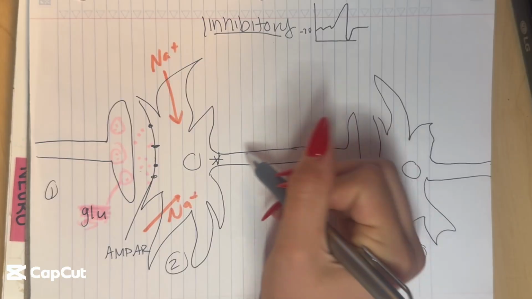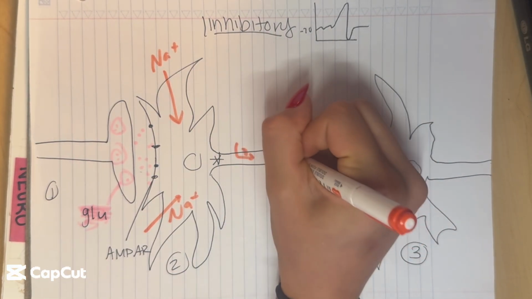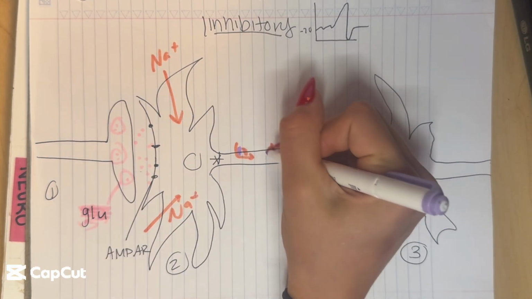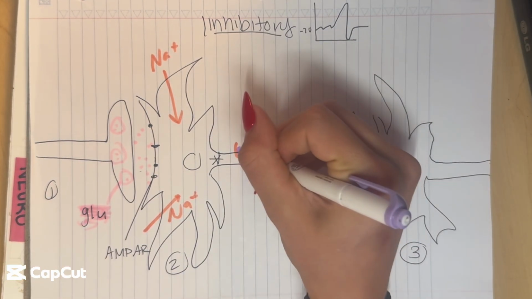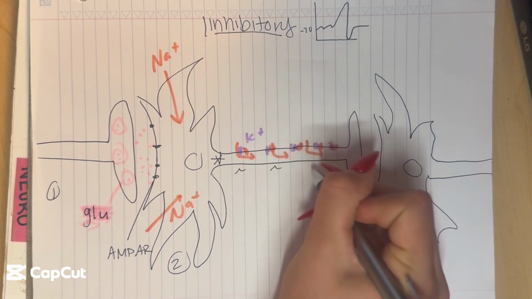Now, once that threshold is reached and those sodium channels open and the delayed voltage-gated potassium channels open, we're going to reach the end of that cell at that presynaptic terminal.